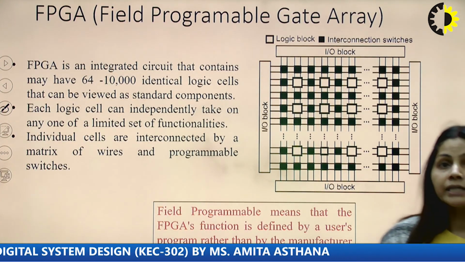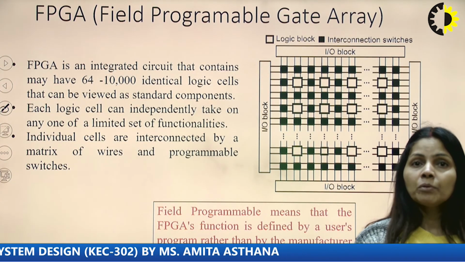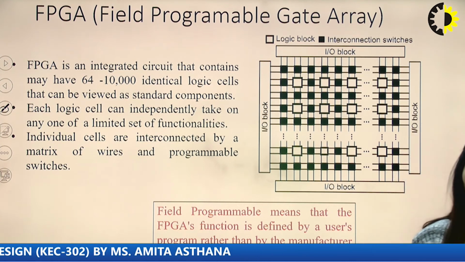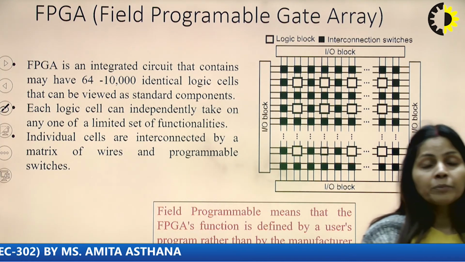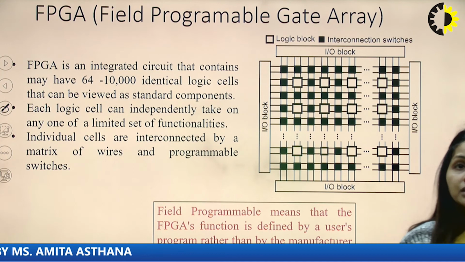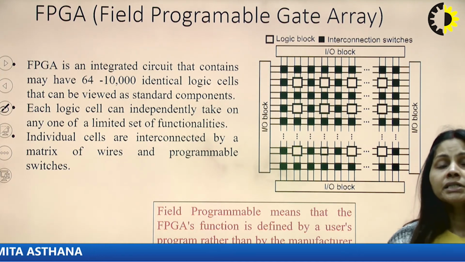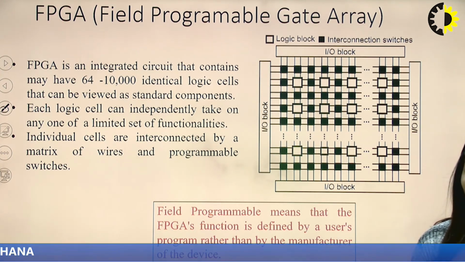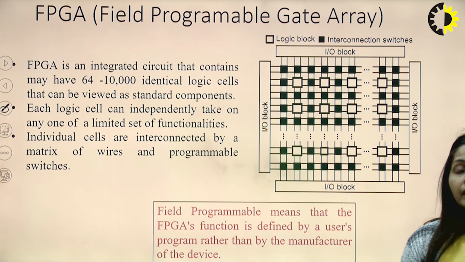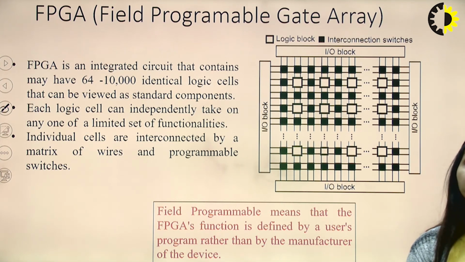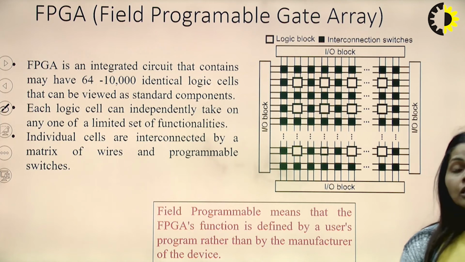So the next topic is the field programmable gate array. The field programmable gate array is nothing but an array of integrated circuits which can contain 64 to 10,000 logic cells.